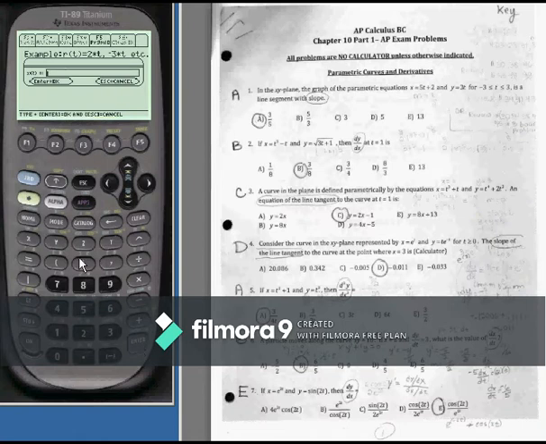Problem 5. x equals t squared plus 1, and y equals t cubed.